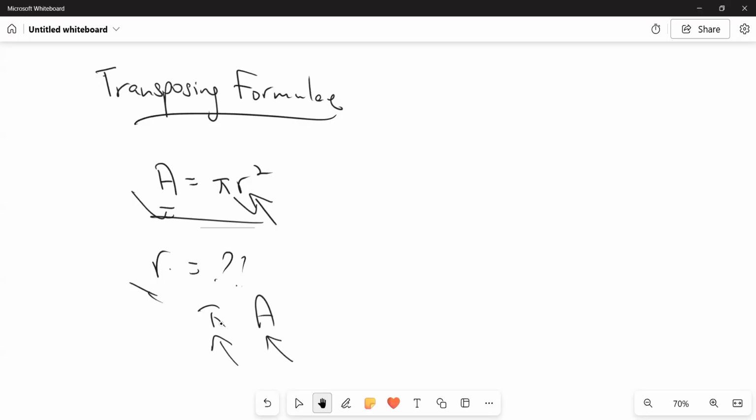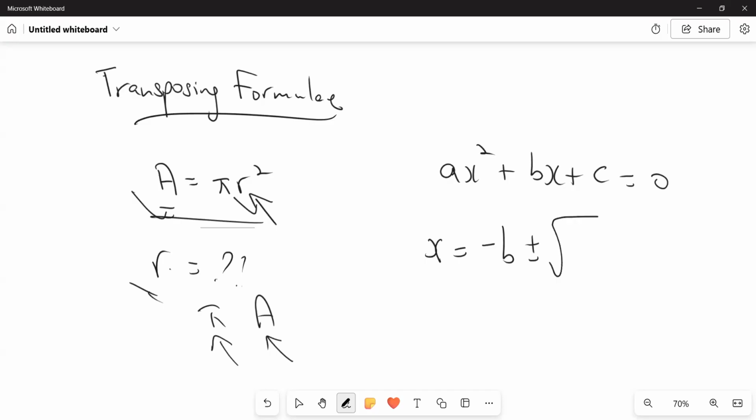move around variables in a formula. For example, I can't remember if we did some quadratics earlier. We had the equation ax squared plus bx plus c equals 0, and I think I gave you that x equals minus b plus or minus the root of b squared minus 4ac, all over 2a.